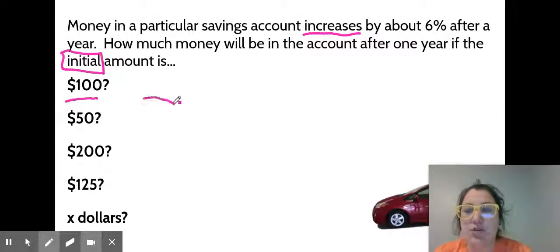Okay, so $100 is what we start out with. So $100 is my 100%.